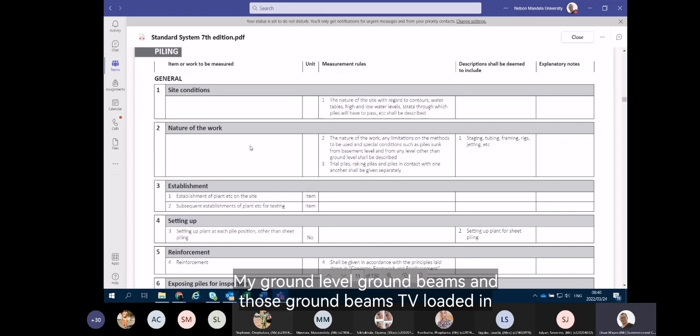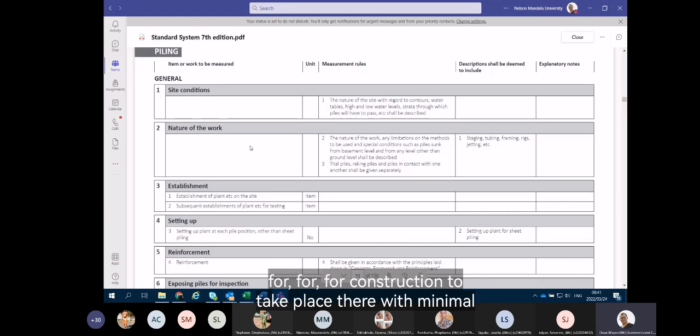And those ground beams, the load would then be spread through those ground beams and down into the piles, which made it possible for construction to take place there with minimal cracks, as all the loads would then be transferred down into the soil through the piles and evidently the pile caps on top.